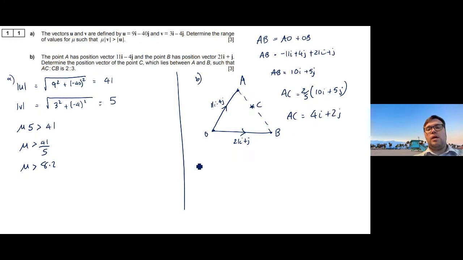So now I can work out the position vector OC, which is OA plus AC. Well, for OA, I'm going in the right direction, so it's 11i minus 4j, and AC is also in the correct direction, so it's plus 4i plus 2j. So that is 15i minus 2j, which is the correct answer.